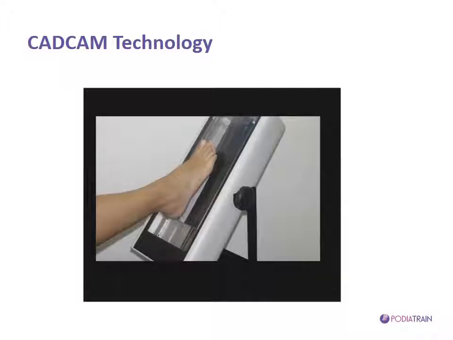A laser scanner works on the principle of a laser light that is projected onto the plantar aspect of the foot in order to produce a point in three-dimensional space. So it has three coordinates, which are x, y, and z, which will tell us the exact points in 3D space where that part of the foot is.